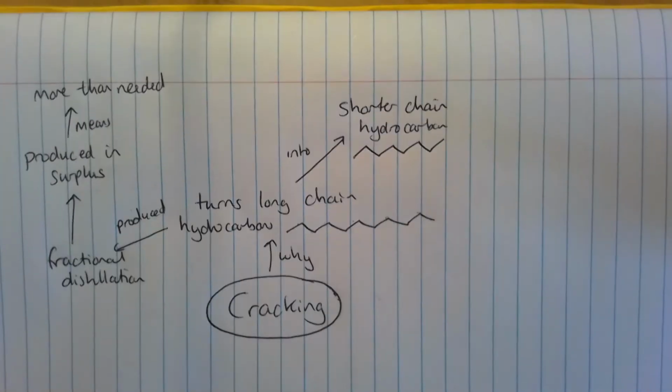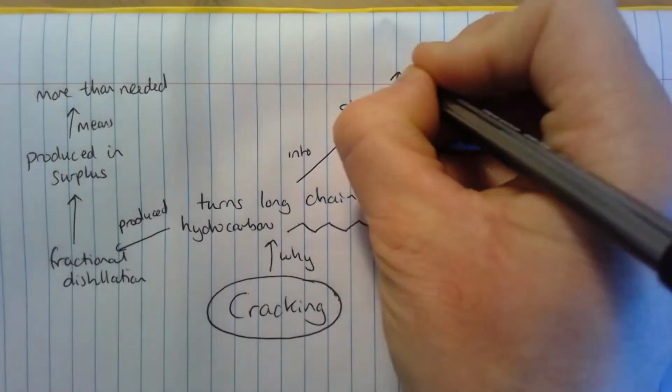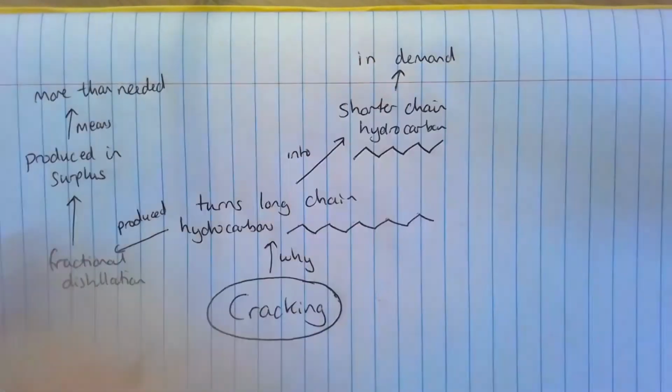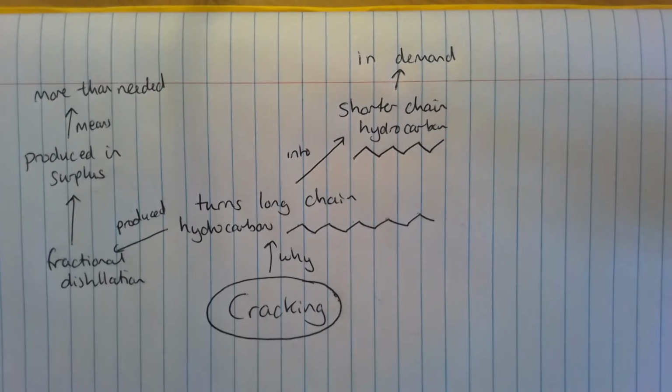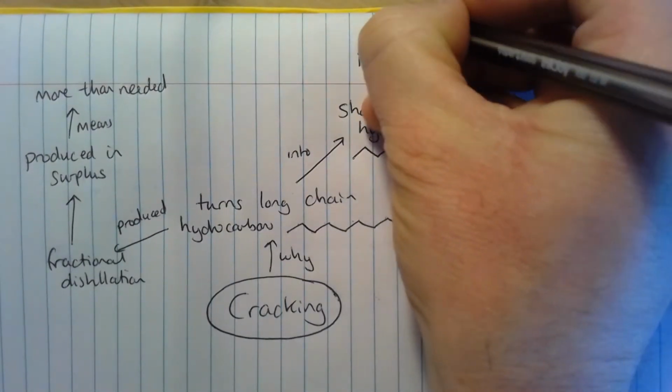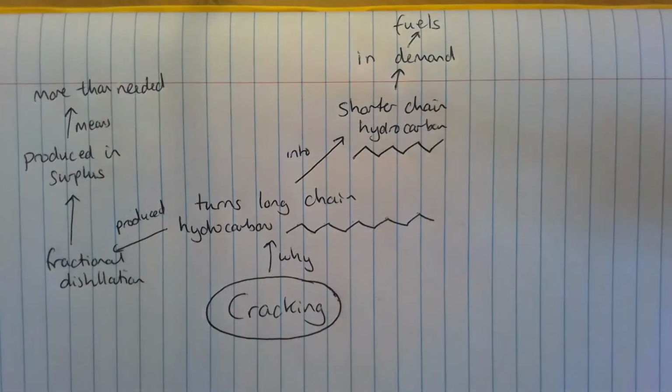Now this is really important because these shorter chain hydrocarbons are in demand. That means we need them, and we don't produce as many as we could do, and particularly these 8 chain hydrocarbons as fuels. Gasoline is made up of 8 carbon atoms.